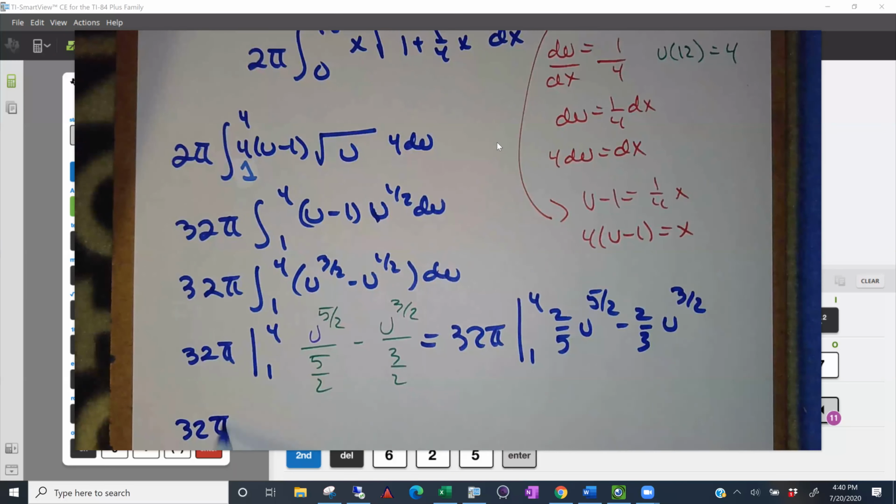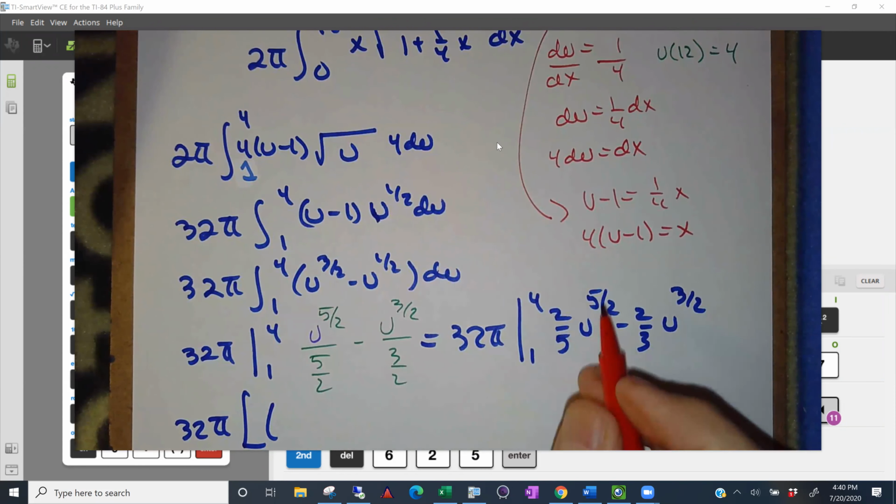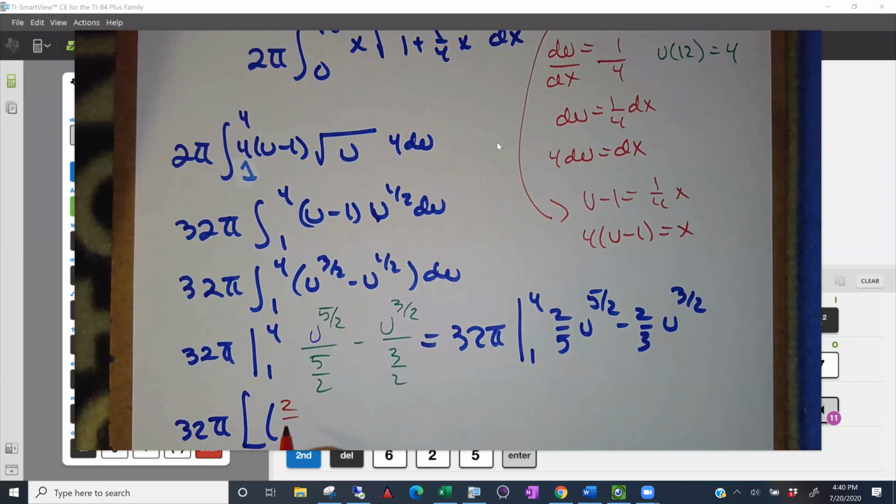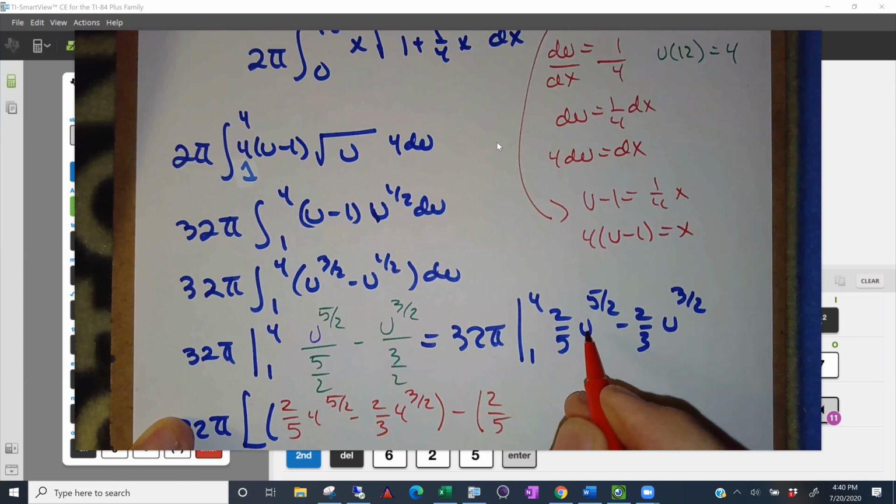Let's plug in our limits. 32 pi times 2/5 of 4 to the 5/2 minus 2/3, 4 to the 3/2. And at our lower limit, plugging in a 1 is just going to be 2/5 minus 2/3.